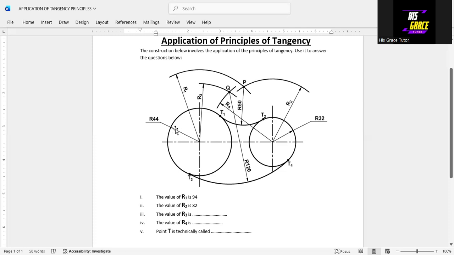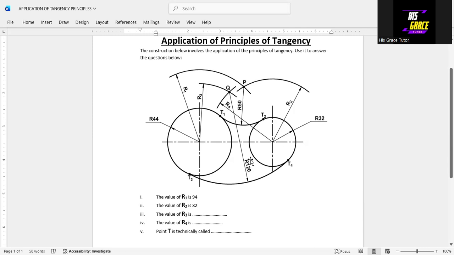For this particular circle, we subtract 44 millimeters from 120, and that gives 76 millimeters. Then we subtract 32 from 120 for R4, and that gives us 88 millimeters.